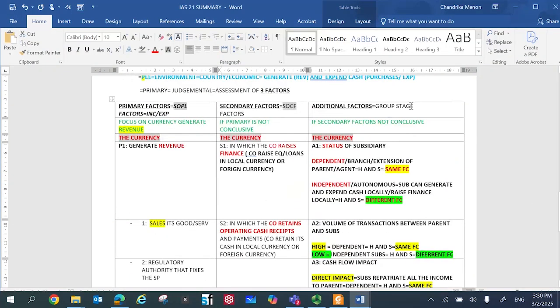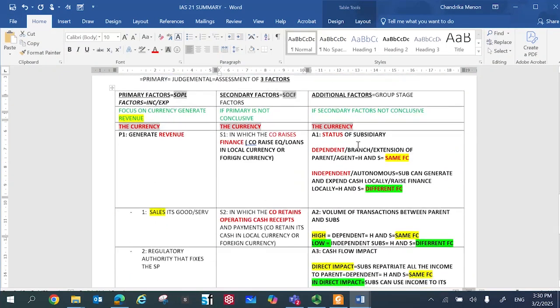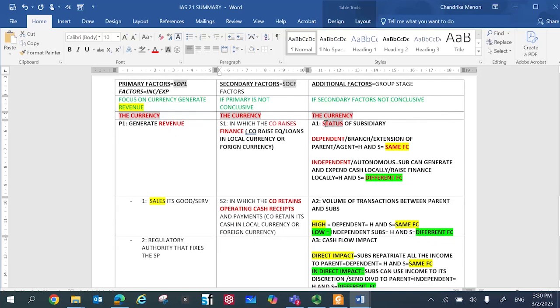So additional factors is to determine whether the company is dependent or independent. But frankly, nowadays, more than the use of the word dependent, the correct word we use is: is it an extension, or is it an autonomous? These are the wordings we use currently.